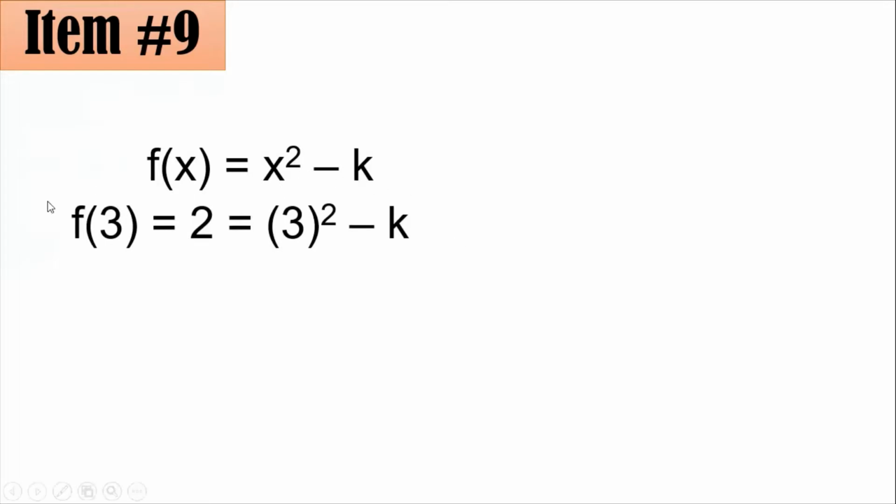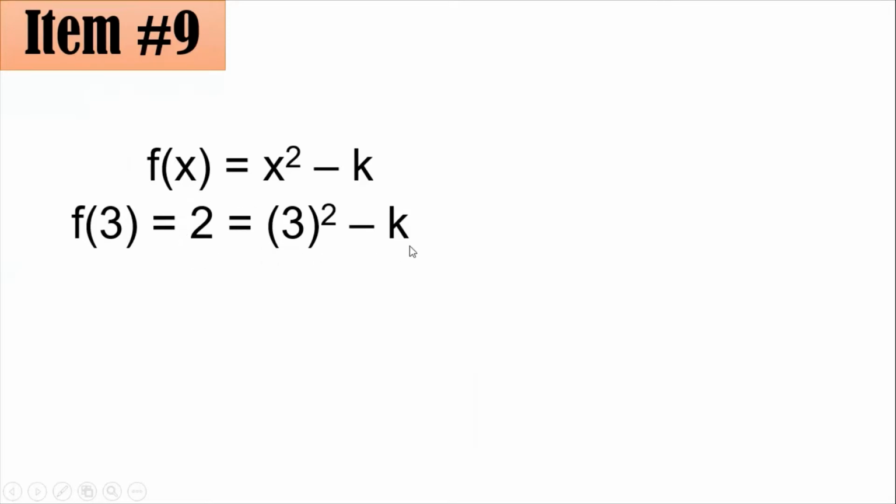So if you substitute this x with 3, the result will be 2. Replacing all x's by 3, you have f of 3, which is 2, equal to 3 squared minus k. We will be utilizing this equation here.